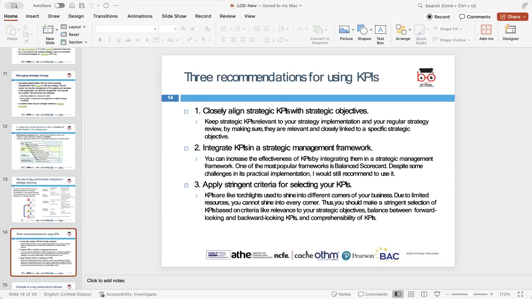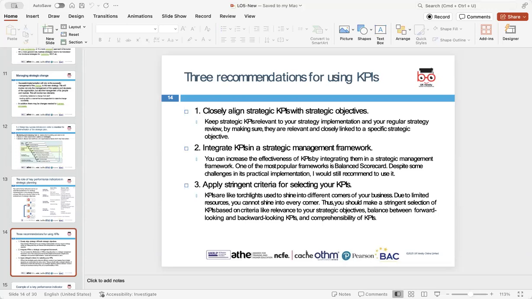It is also important to integrate KPIs into a broader strategic management framework to enhance their effectiveness. One of the most widely used frameworks is the balanced scorecard, which links KPIs to strategic objectives from multiple perspectives, including financial, customer, internal business process, and learning and growth.